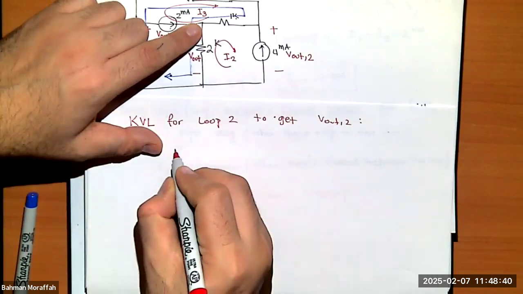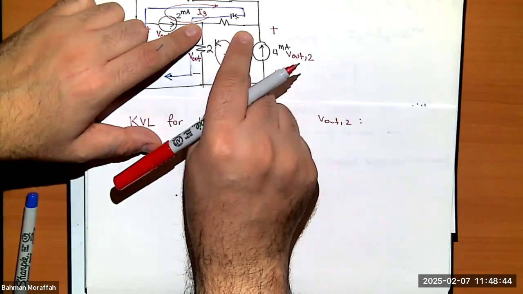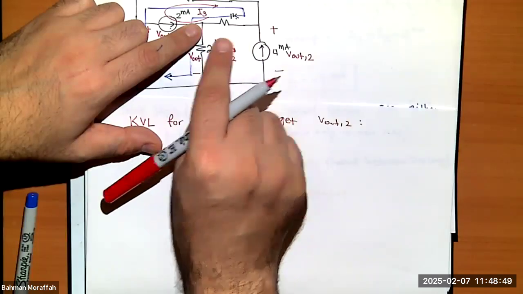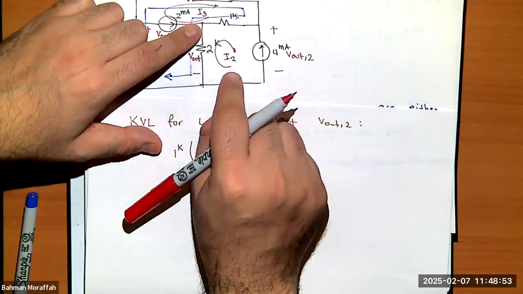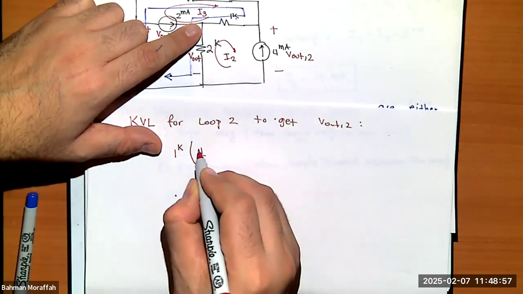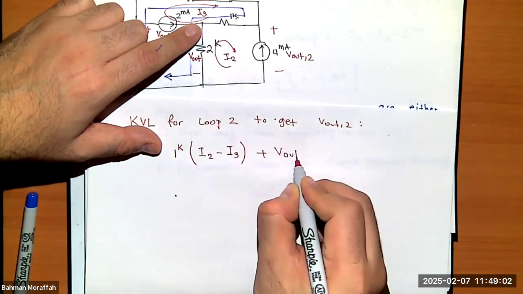I have 1K times, what is the current through this guy? I2 is going this direction. I3 is going backwards. What is the current through it? That's I2 minus I3. Plus the Vout2.